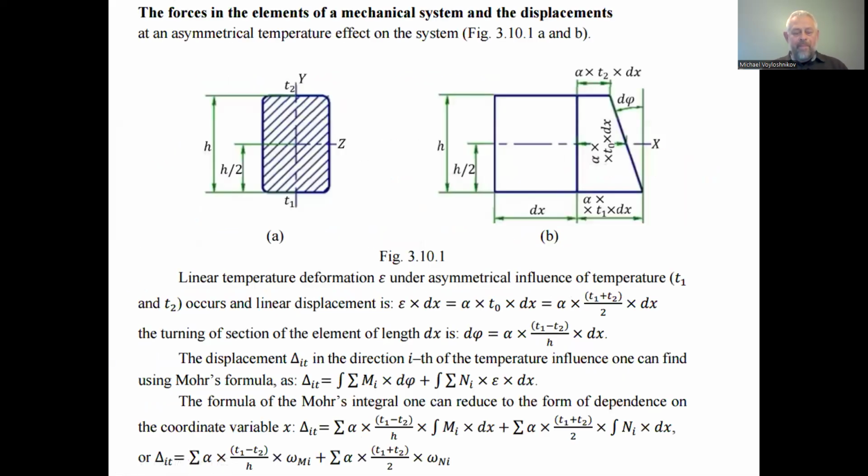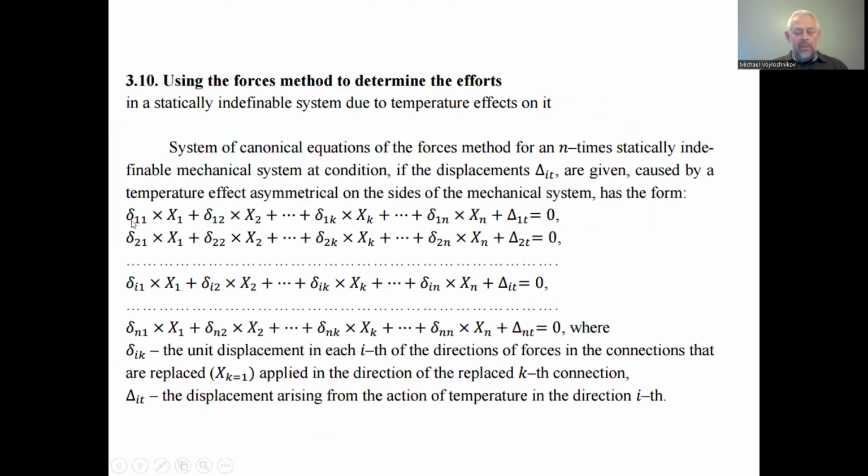Okay, and to use the canonical equations, we have to find the factors in the summands. The factors are displacements under the action of unit forces. This is not a big deal, and it is the same, by the way, as the determination of the unit displacements, the lowercase delta with indexes 1,1, 1,2, etc., and i,1, etc. The first index indicates the direction of the displacement.